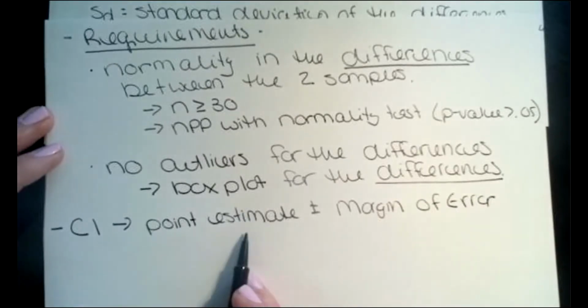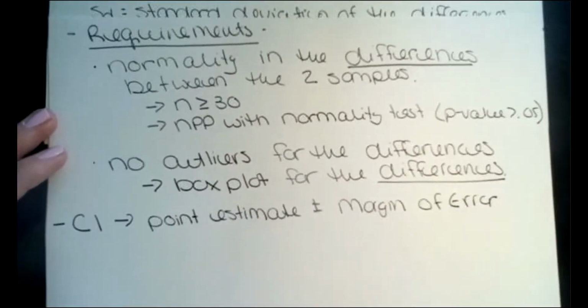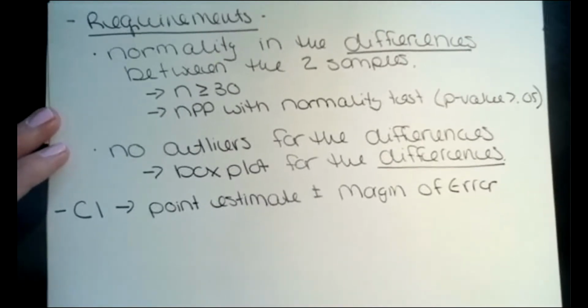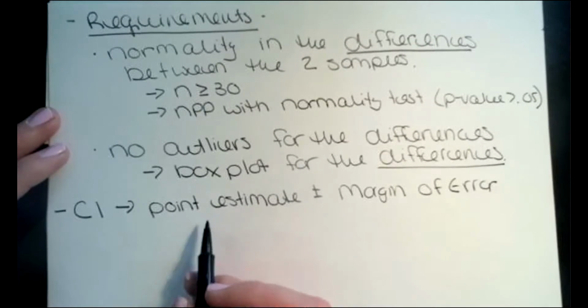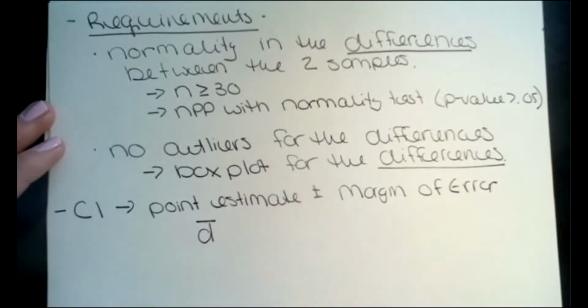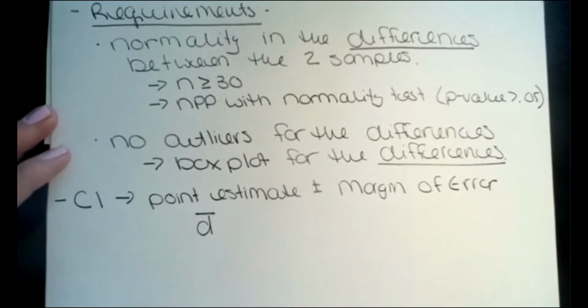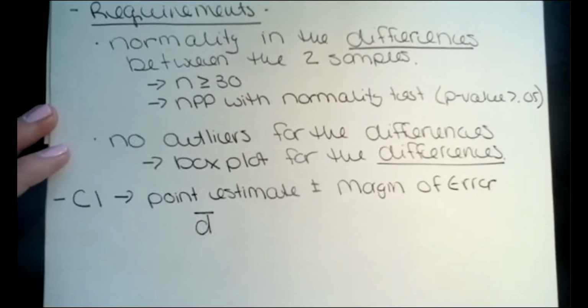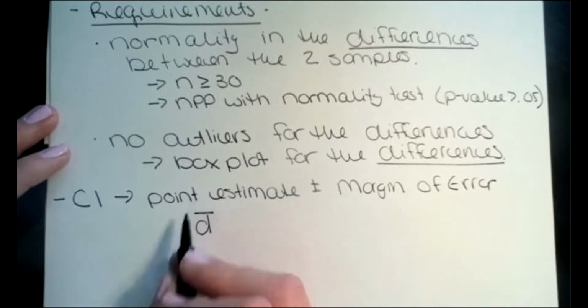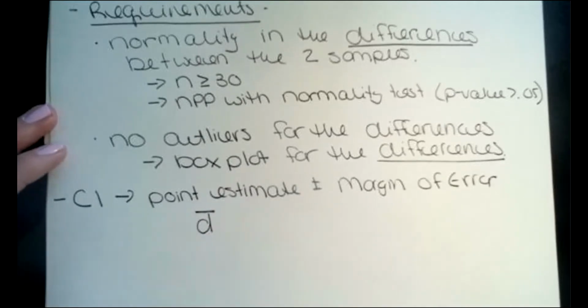Remember my point estimate, I'm looking for the best estimate for the population mean of the differences. And the best estimate for mu D is going to be D bar, that sample mean. Okay. So D bar is our sample mean, like our X bar, right? Of our differences, and that's going to be the best estimate for mu D.